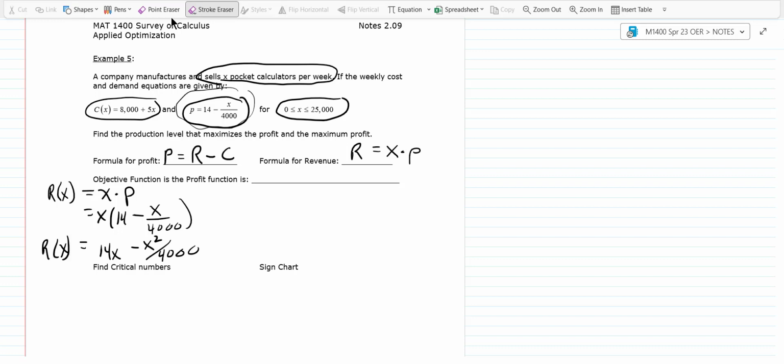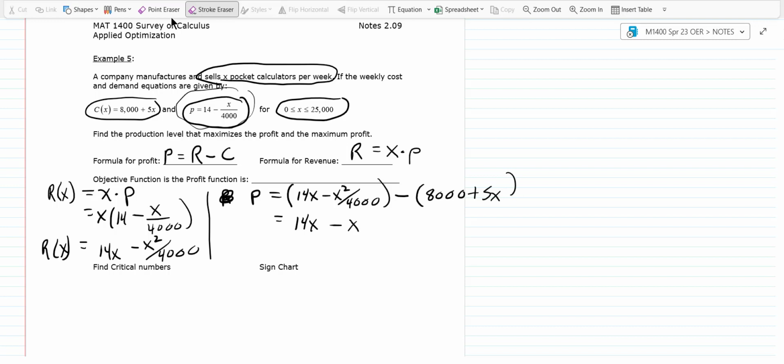Okay, so we got that, and you all have done that before. We've learned that formula before. Now we're going to do the profit. So the profit, you're going to take the revenue, which is 14x minus x squared over 4,000, minus the cost function, like this, and collect your like terms and make sure you don't make any mistakes with your negatives and everything. So we're going to have 14x minus x squared over 4,000 minus 8,000 minus 5x, and then we can put the like terms together.